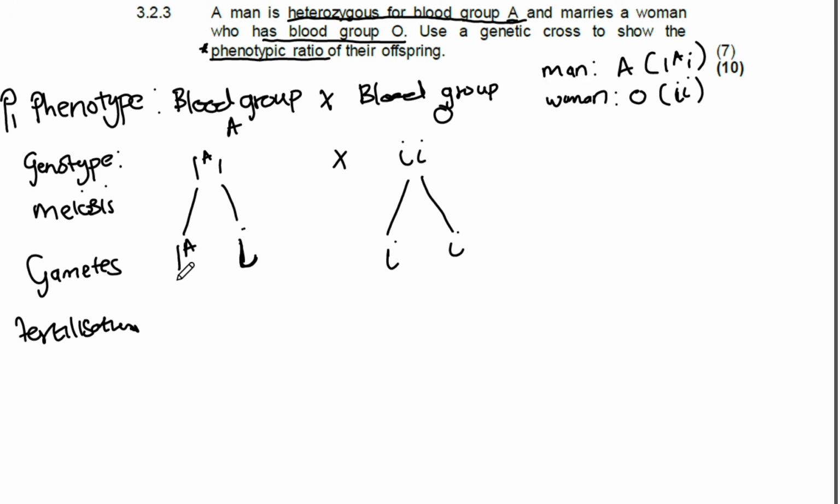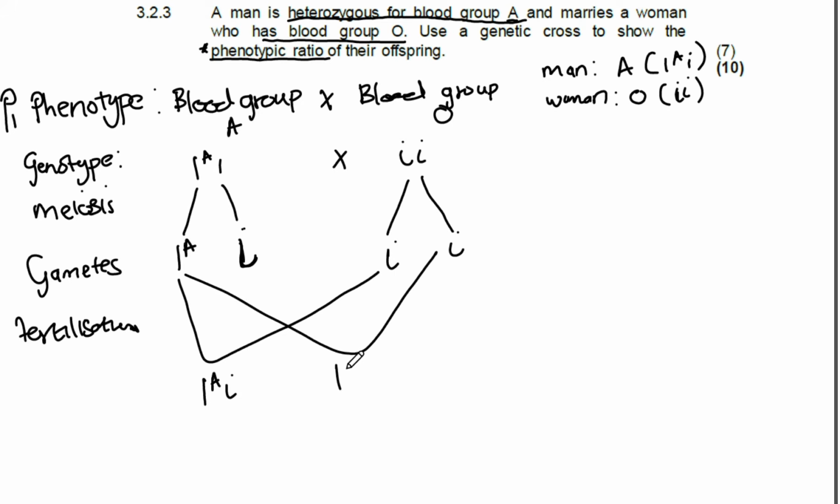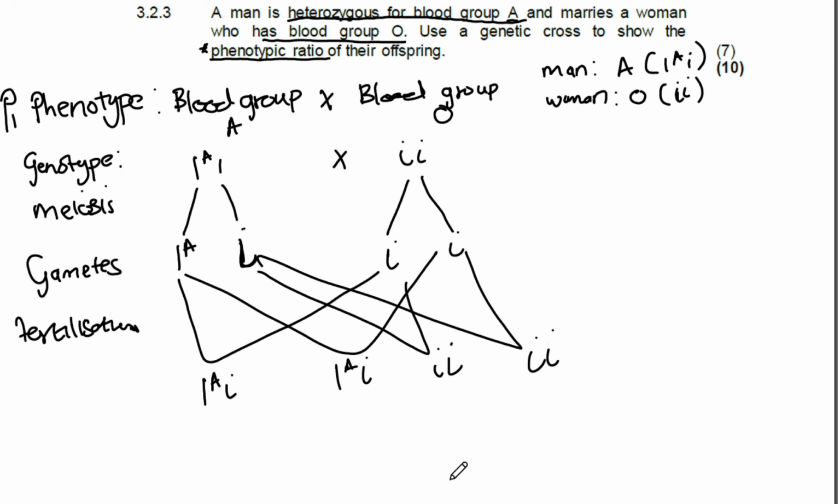We then cross out the gametes: IA i, IA i, i i, i i. Okay, so then F1.